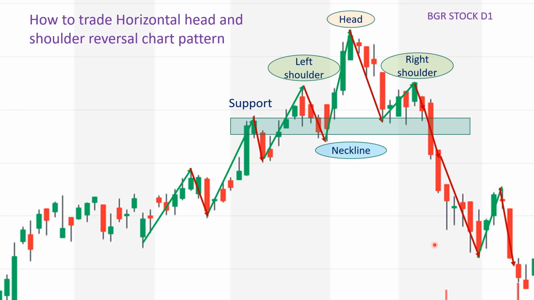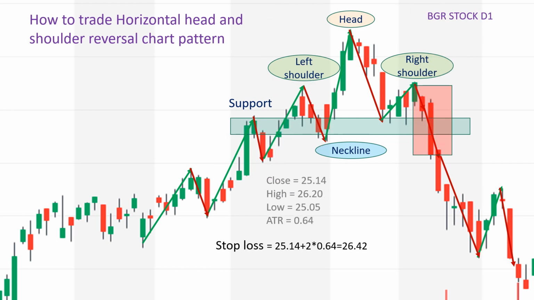So this way you are going to have a 2-to-1 reward-risk ratio. You can also put 1 ATR above the high for a stop loss and 2 ATR below the low of this candle for profit target. So if you use the first method, then you are going to have this for stop loss and this for profit target. This is how you can trade horizontal head and shoulder reversal pattern.